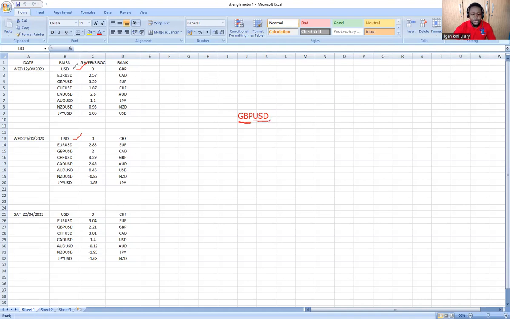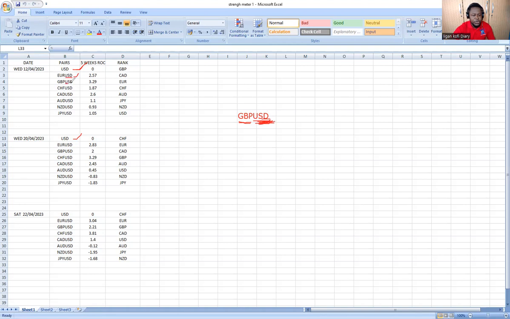So if you are going to be using USD for your calculation, you will pair USD with all the other currencies. So USD will come as a quote currency. Whichever currency you want to use to do the calculation, you will pair that currency with the other currencies as a quote currency. So if you look at it, you will see that in EUR USD, USD is the quote currency here.